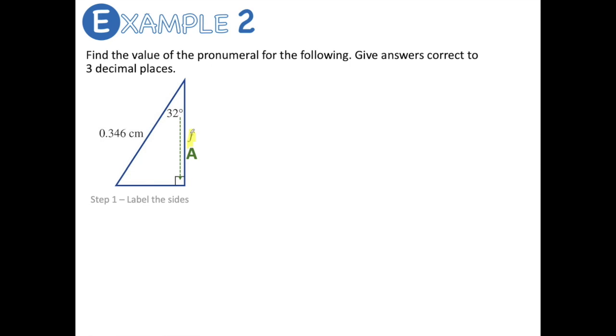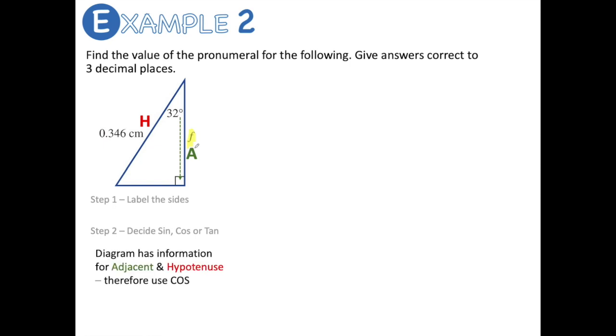And I've also got the hypotenuse side of 0.346 centimeters. So now that I've labeled the sides that I have information for, step 2 is decide whether we're going to use sine, cos, or tan. Because I have information for adjacent and hypotenuse, I'm going to use the cos ratio.